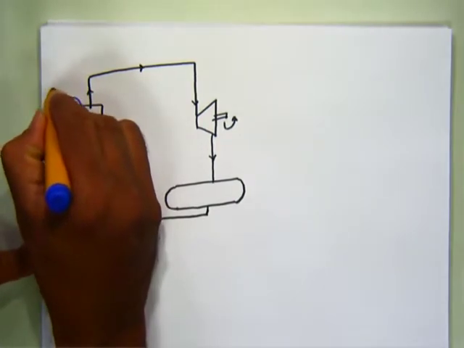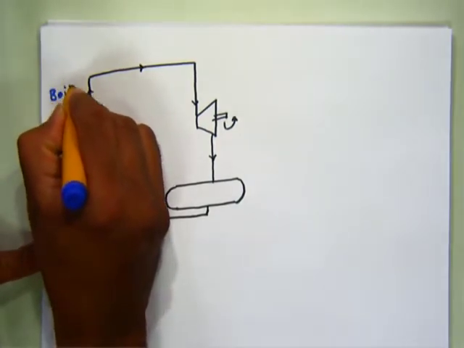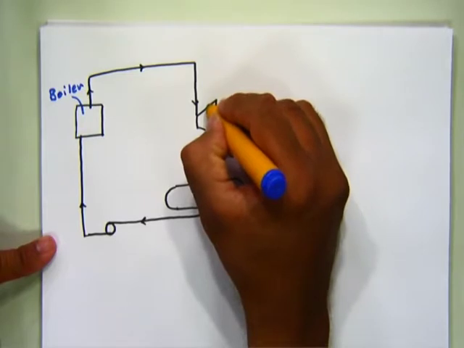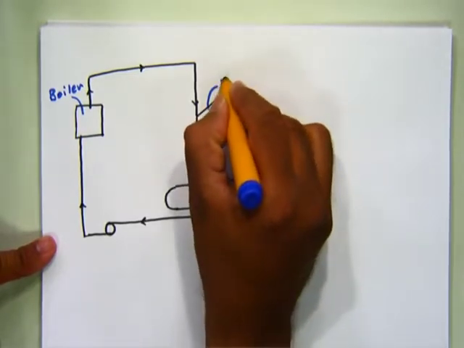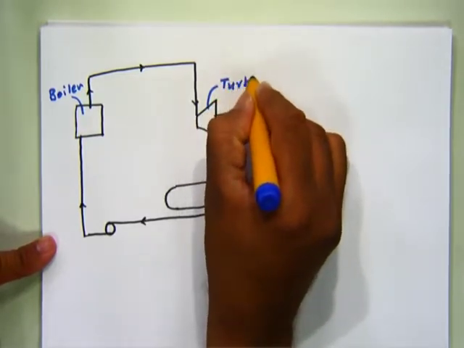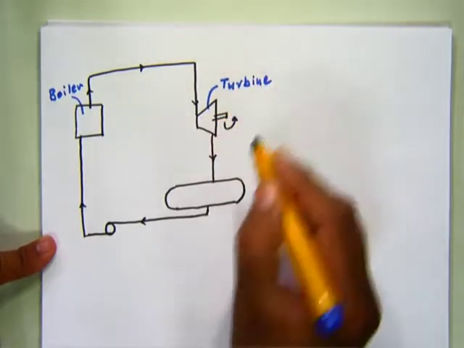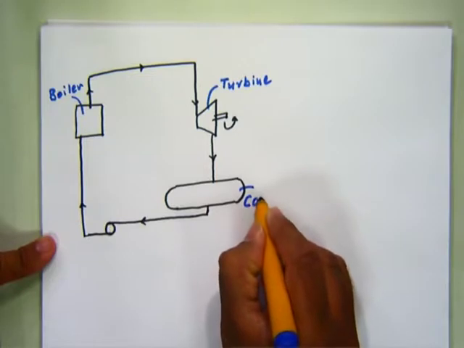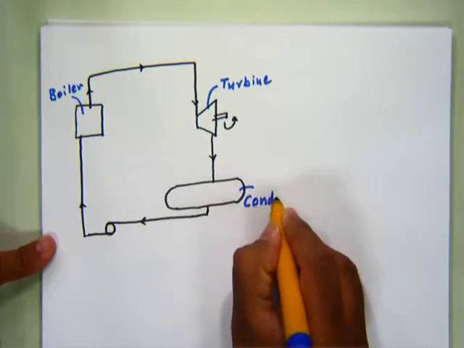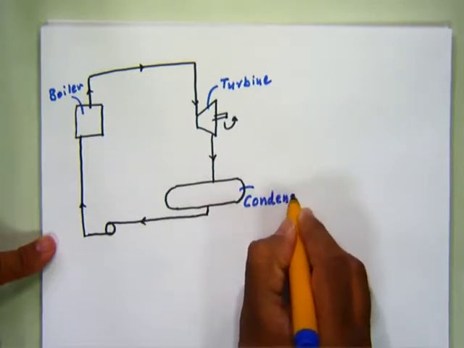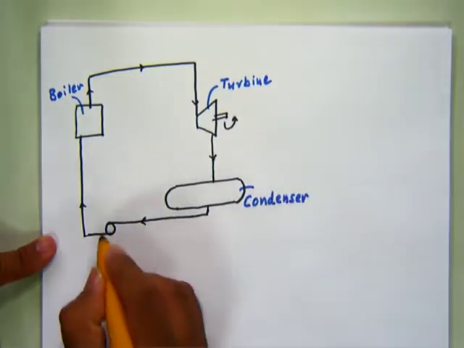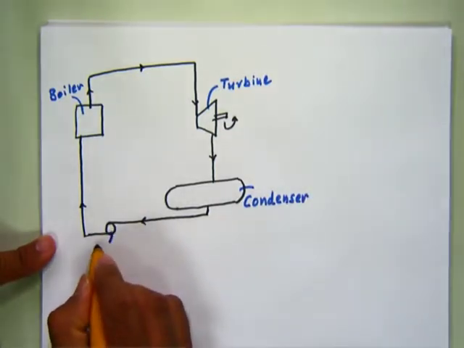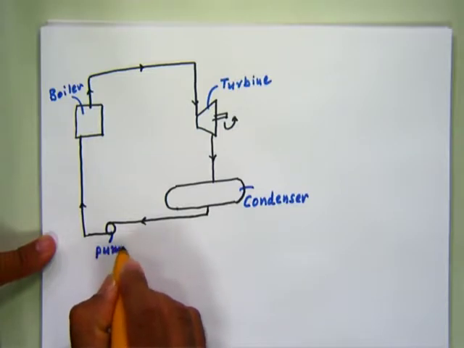This is boiler. This is turbine. This is condenser, and here it is pump.